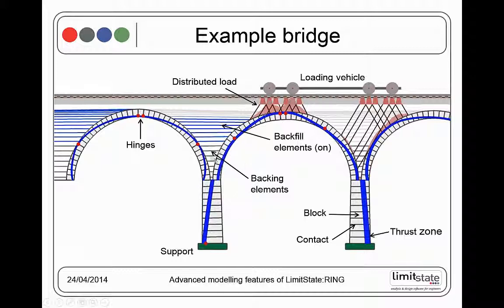We have backfill elements which are providing passive restraint, highlighted in blue. The other elements, the non-active ones, are shown in light colour. And this gives you a good idea of the key elements of the software in action.